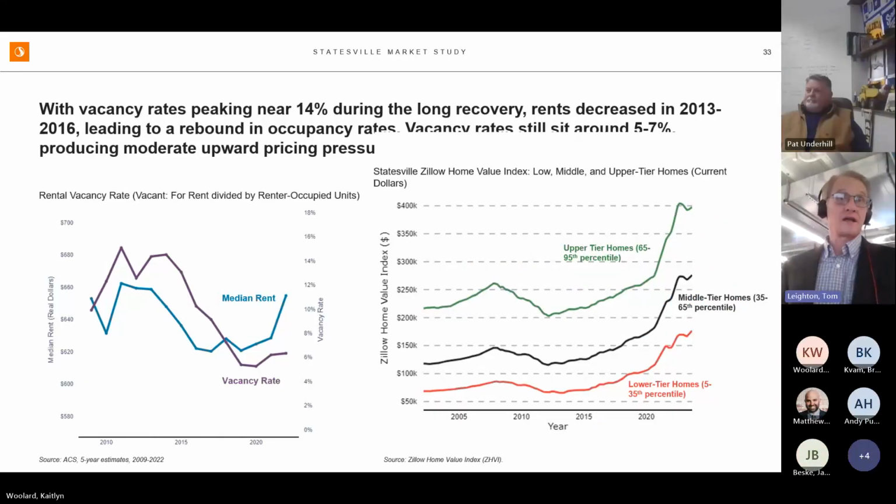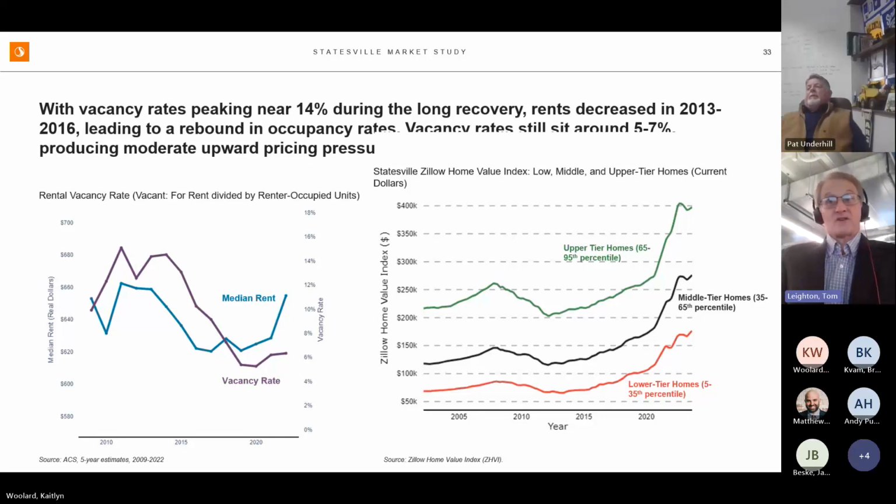Here's a chart that, if you look at the blue line on the left, shows the average rents for housing units that are rental units, and you can see the increase in recent years in rents. The chart on the right shows the median home values. And again, a similar thing is happening on the right side of the chart in the last couple of years in terms of home prices that are increasing.